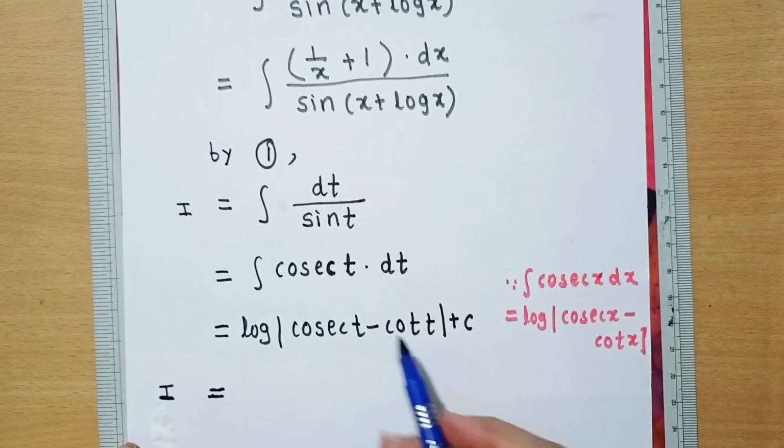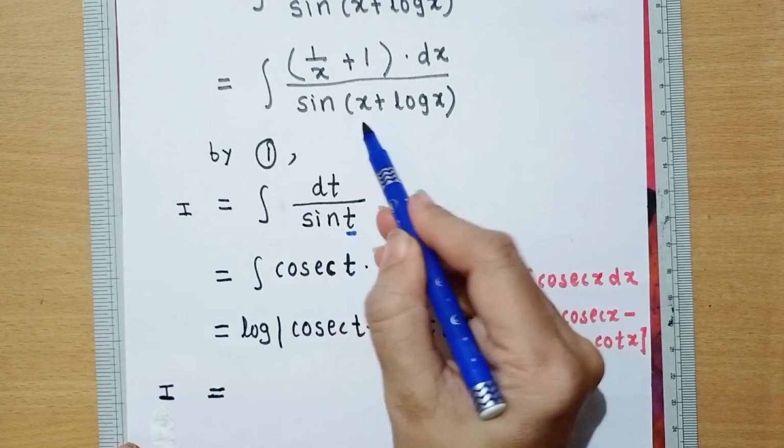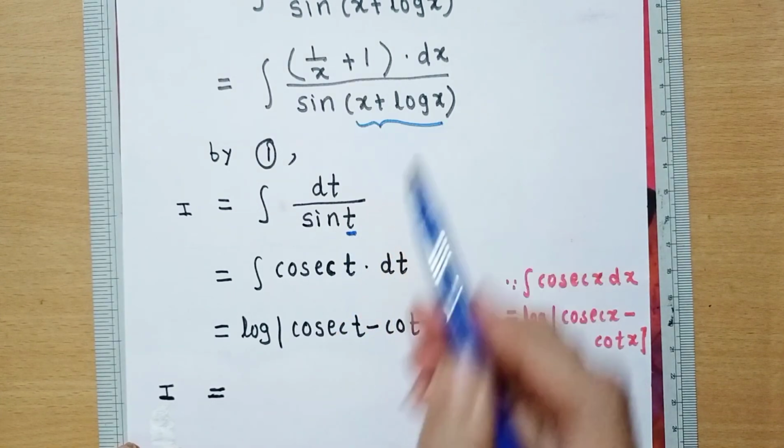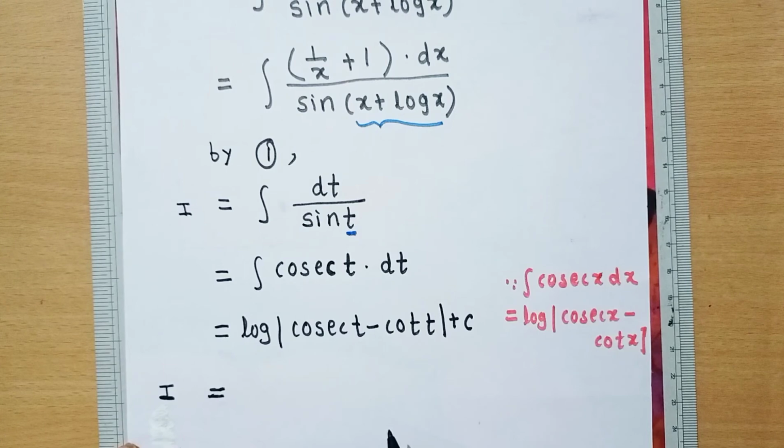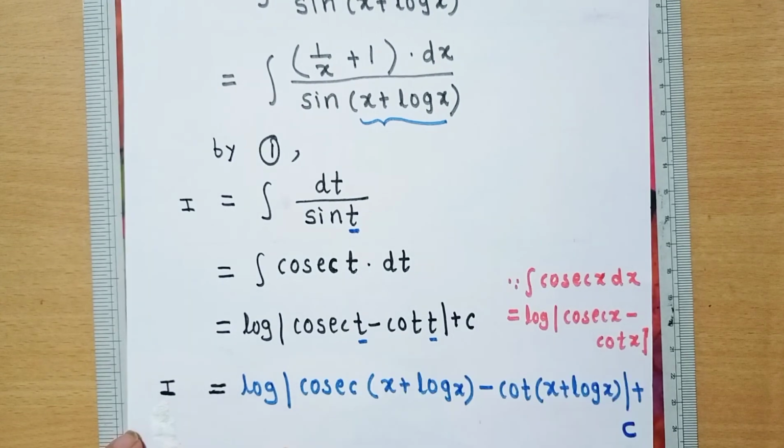And again in the last step we will replace t by this bracket which is x plus log of x, because our function is a function of x. So again we will replace t by this bracket, and so the final answer is log of mod of cosec of x plus log x minus cot of x plus log x, plus c. This is our final answer.